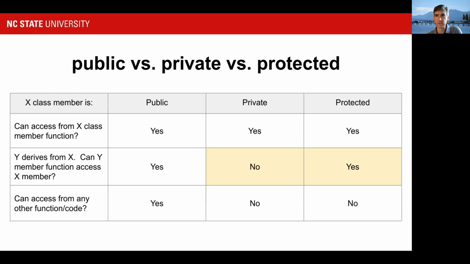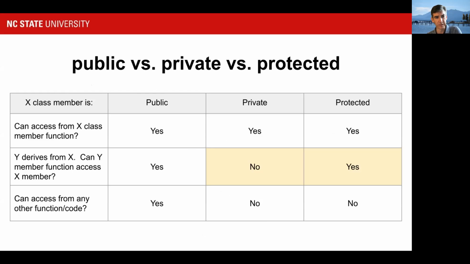Okay, so this chart summarizes the relationship between public, private, and protected. Across the top, I'm saying a class member of X is public, private, or protected. That's how it's specified. And down each row, I'm describing a different scenario.